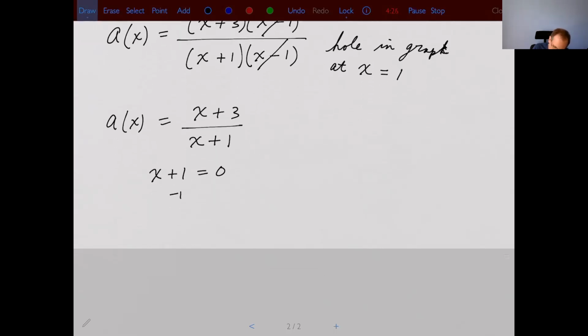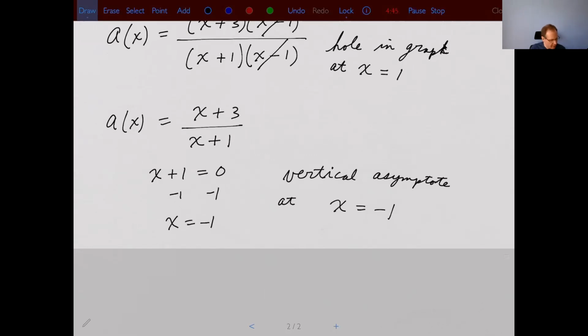Well, it's equal to 0 when x is -1. So I have a vertical asymptote, and the vertical line itself is x equals -1. That would be the equation of that line. Okay, let me plot this to show you what this particular function looks like.